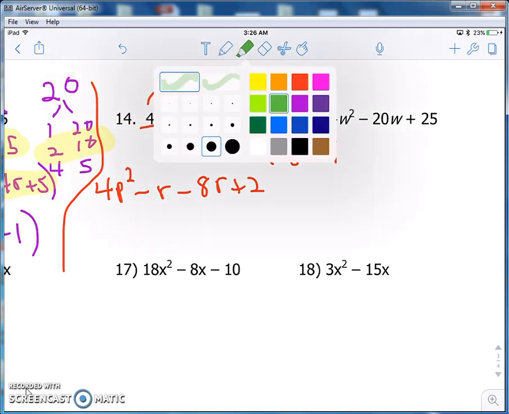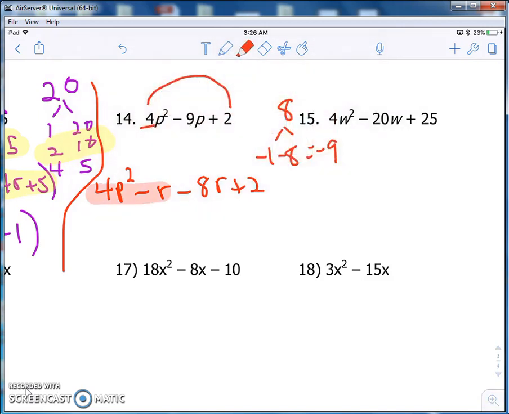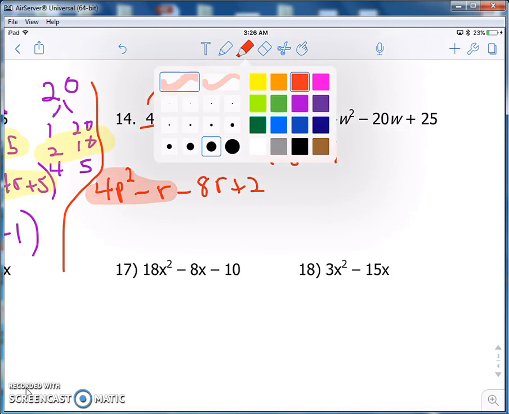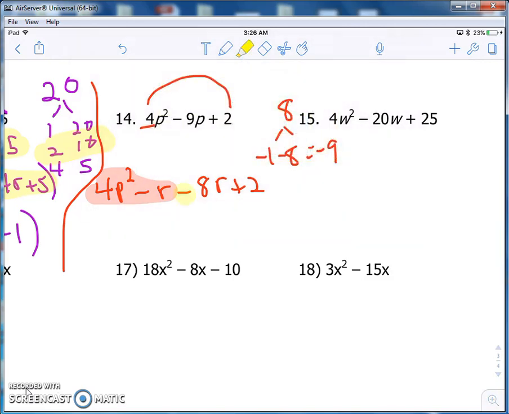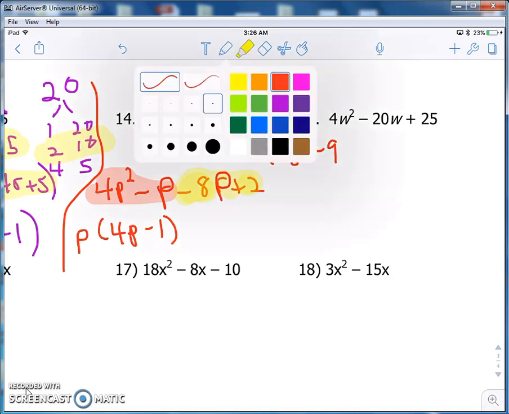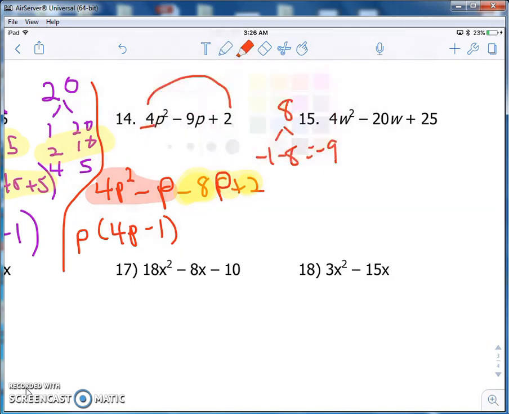I've got 2 groups of 2. First group and second group. Notice there's a negative in that second group. First group I'm going to take out a p. Second group, notice that I need a positive in front.